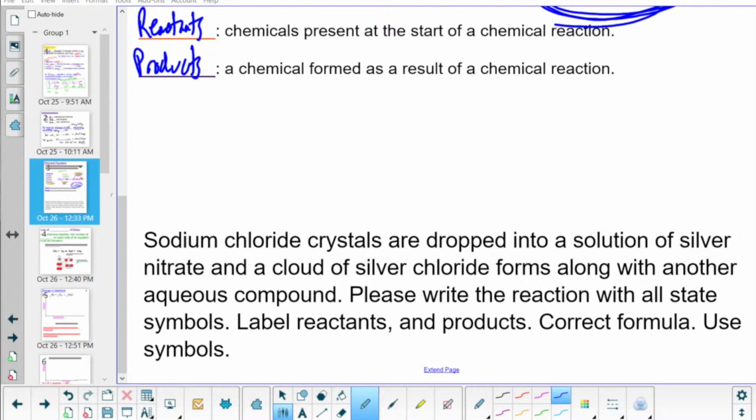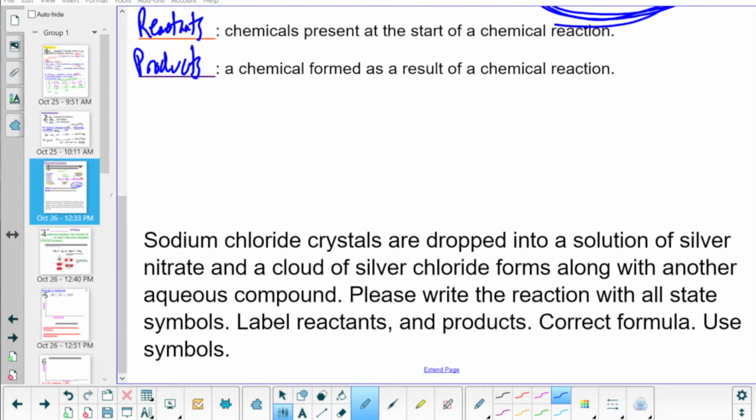So there's sodium chloride. It formed a cloud of silver chloride. So that's exactly like the lead nitrate. You see a cloud forming in the liquid, just like the yellow stuff.